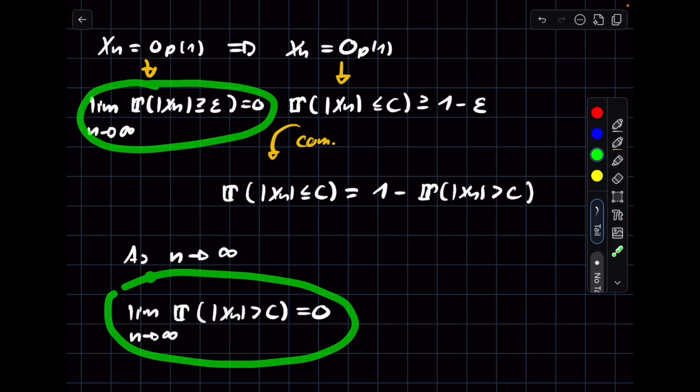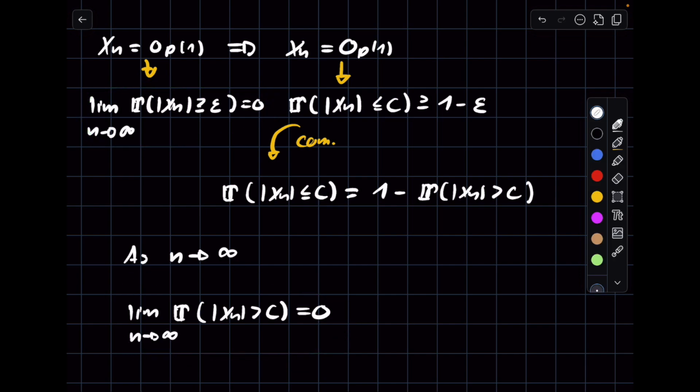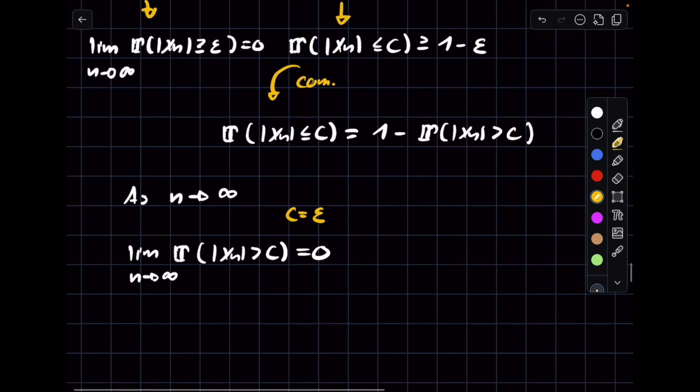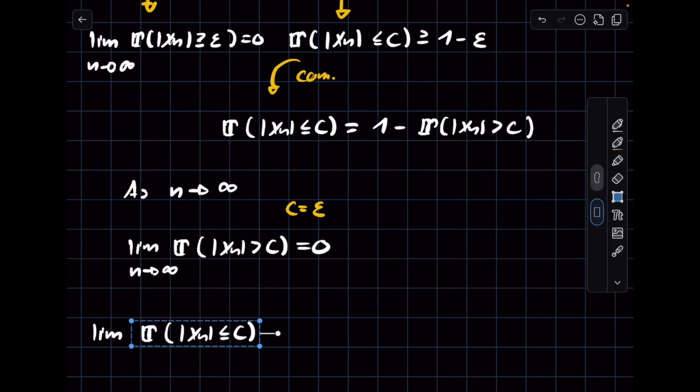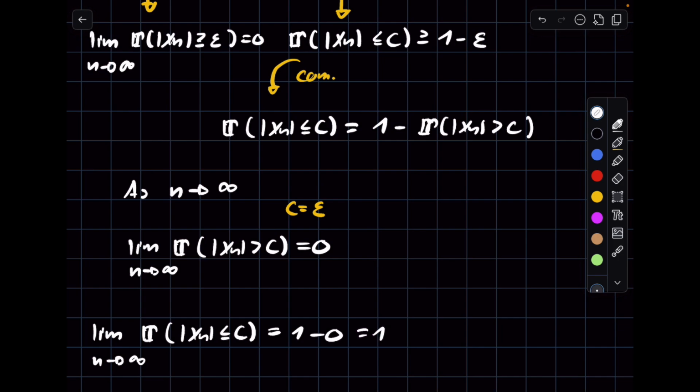Same thing, just in this case we have c equals epsilon, right? So meaning that the limit of this little guy as n approaches infinity is going to be equal to 1 minus 0, simply put. So this is going to be equal to 1.